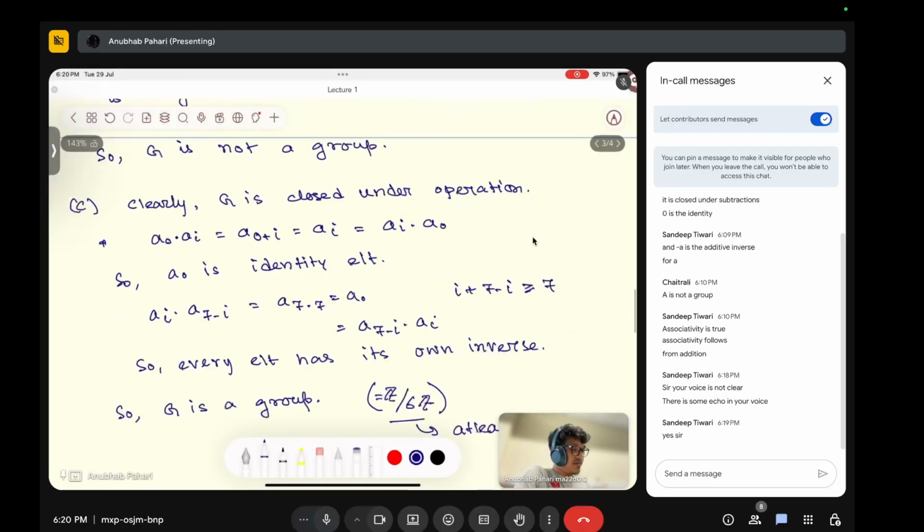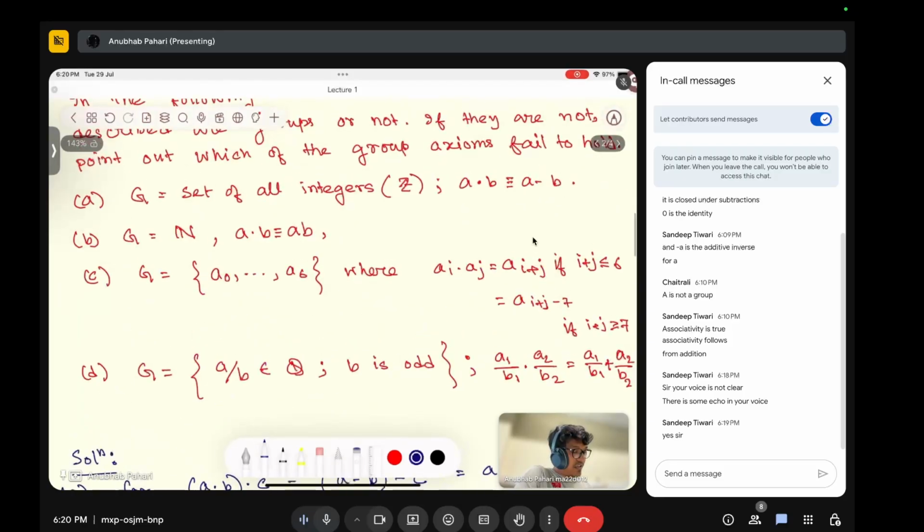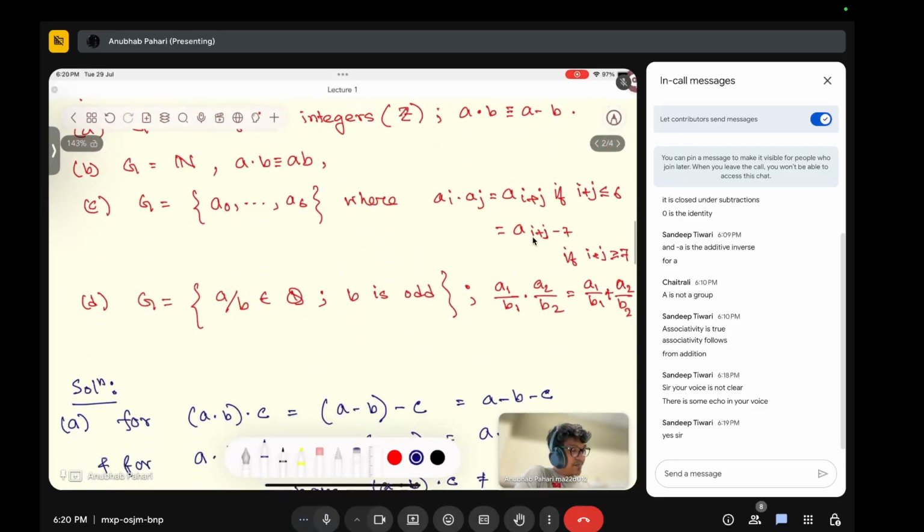Okay, so we will go to the next question. That is, G is the set of all rational numbers a by b such that the denominator b is odd. So what about this? It is closed under this operation.